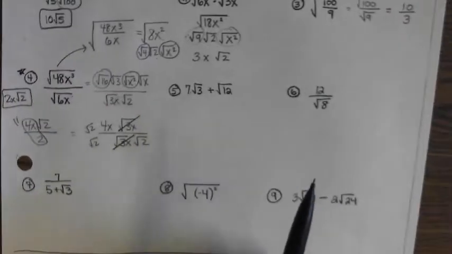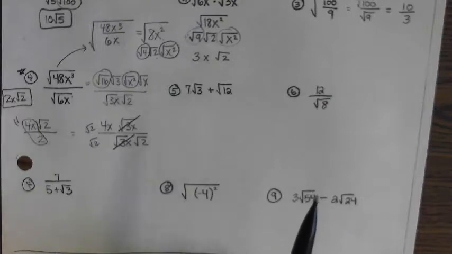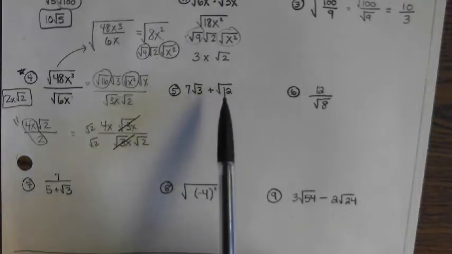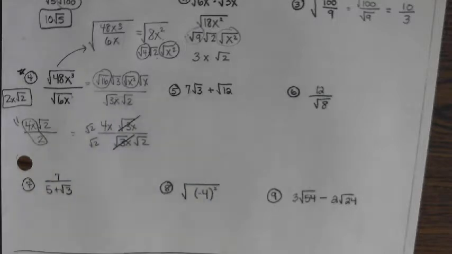Number 5, adding radicals is almost like adding and subtracting fractions. Okay? You need a common denominator when you're adding and subtracting fractions. You need a common radical in order to be able to quote unquote combine like terms, combine like radicals.